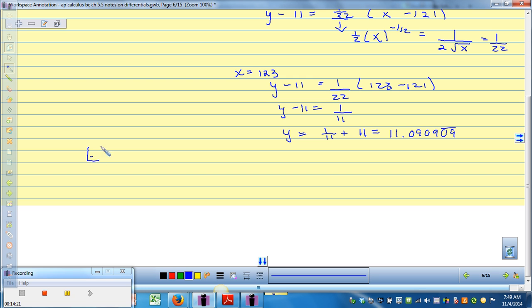So, let's find our error. Absolute value of the square root of 123 minus this value. And give me our error.